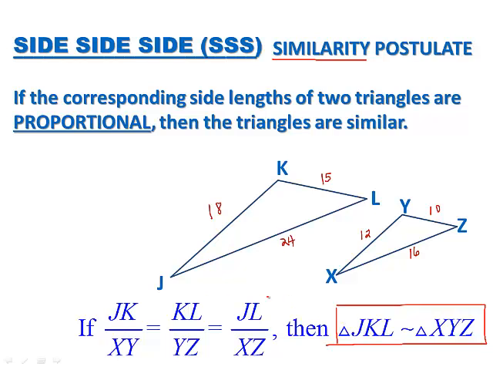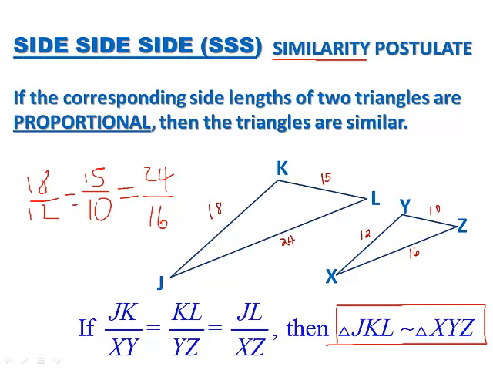So once we find out that all of these are the same, so for example, if I were to plug in numbers, I could say that 18 divided by XY is going to be 12. That should be the same as KL, which is 15, divided by YZ, which is 10. That should be the same as 24 divided by 16.